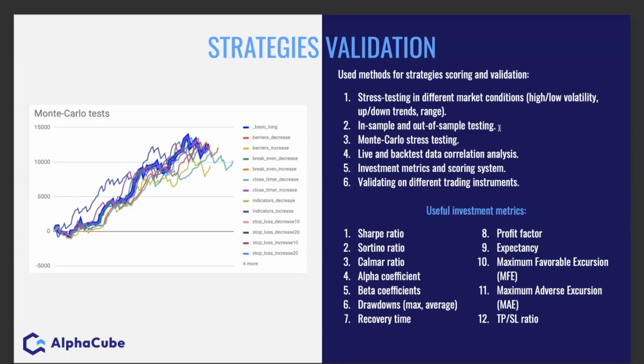As well, you can calculate the correlation between live market data and backtest data. And you can even calculate correlation between separate trades. So let's say you open a position, and after opening, price goes in your direction and you have profit.